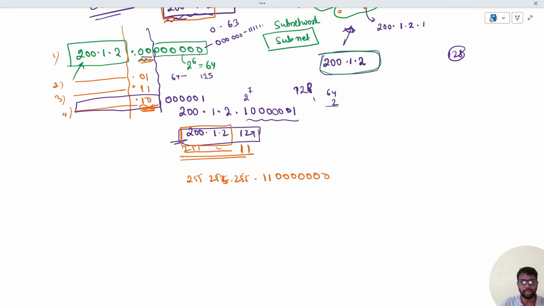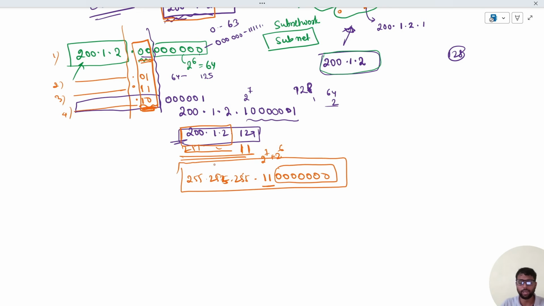Because these 2 bits in this classification are reserved for what? Sub-network. So 2 ones and remaining is 0. So this is nothing but 2 raised to the power 7 plus 2 raised to the power 6. Whatever you will get, this is the mask. Okay. So if any mask is given, you can easily calculate the network ID or sub-network ID. I hope this is clear.